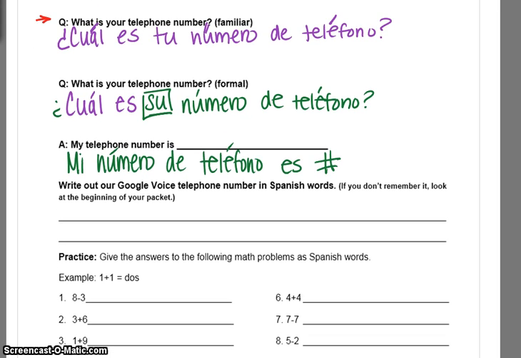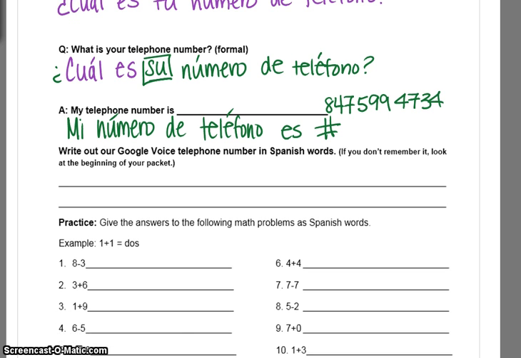So for me, I would say, mi número de teléfono es 844-599-4734.